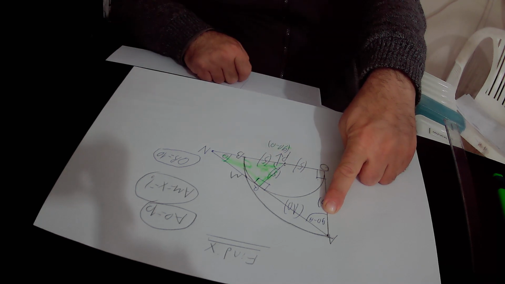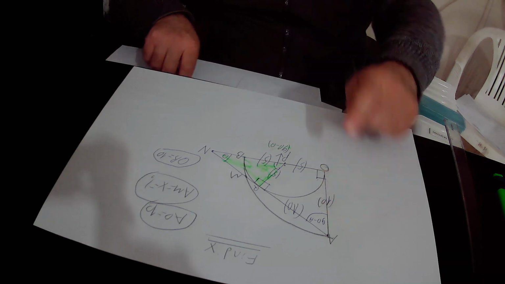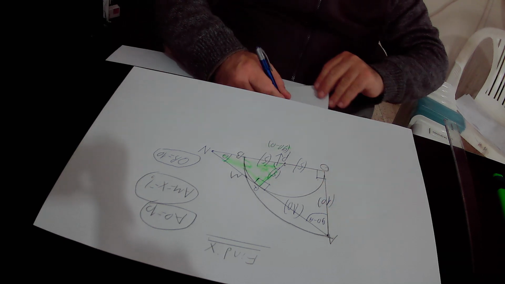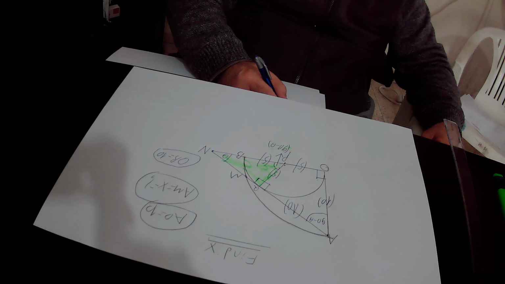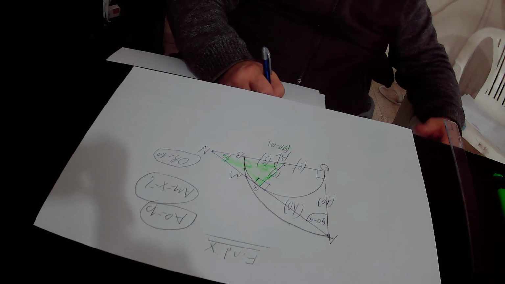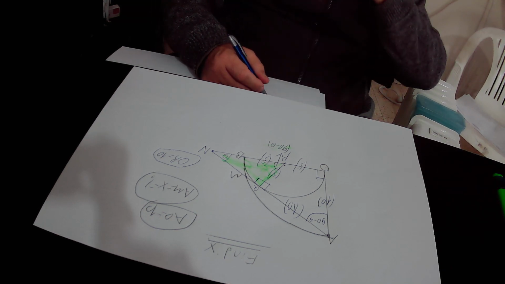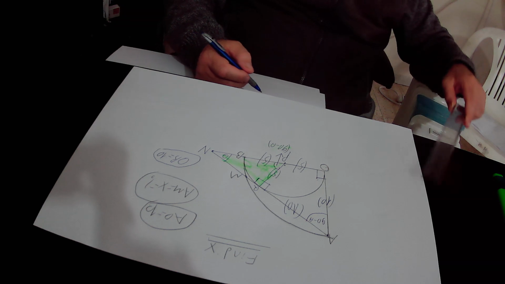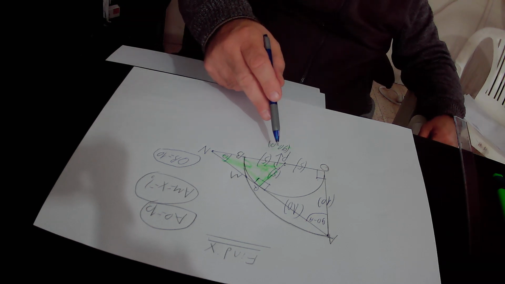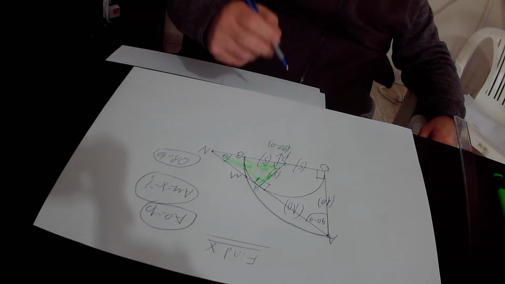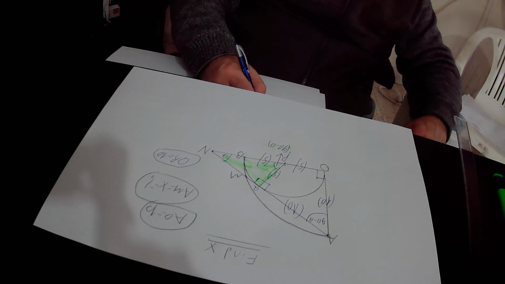So this is angle OAN in the big triangle, and it is equal to this angle, that is actually angle QPN, the small triangle.